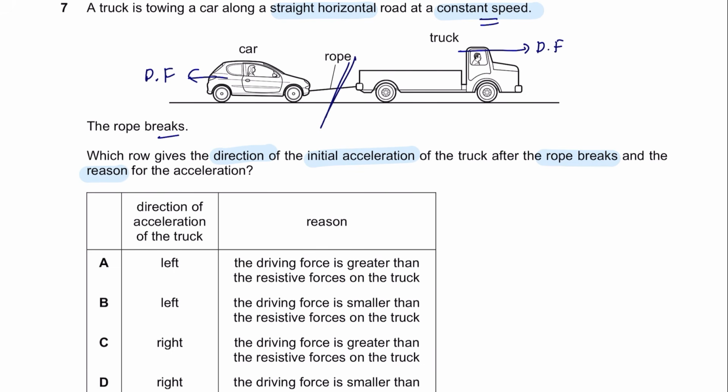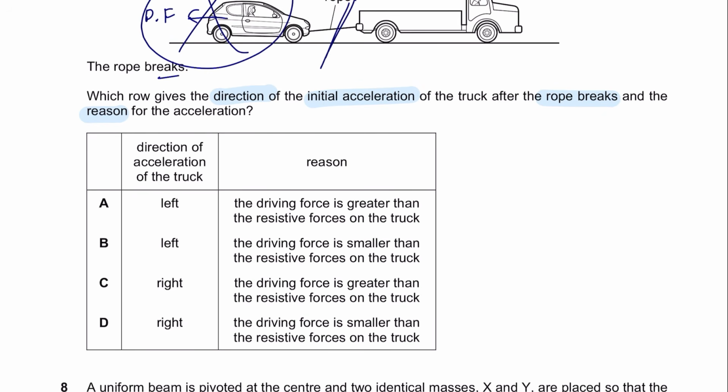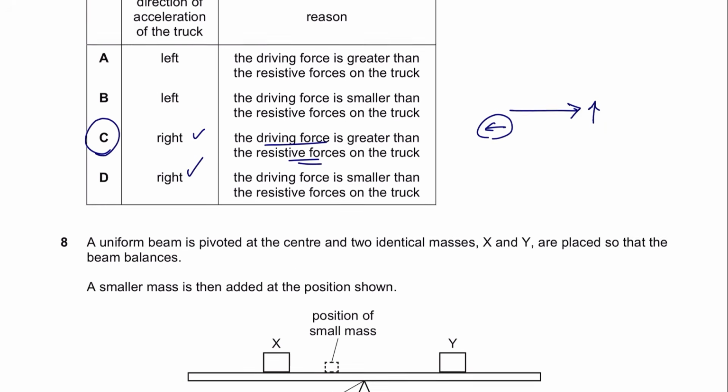Now, after the rope breaks, the truck will move forward with a certain acceleration, and the reason is because now the resistive force no longer exists. So the direction of the truck is to the right, and the reason for this is that the driving force is now greater than the resistive force, which was the car. So your answer is C.